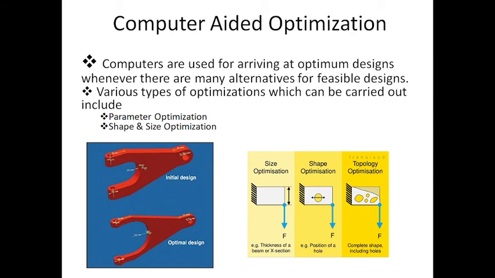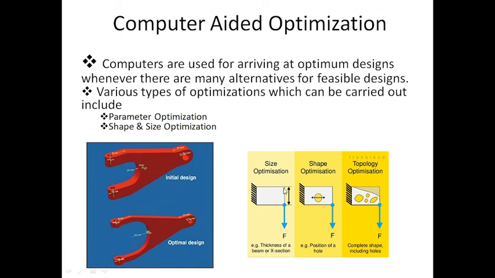To figure out what size optimization is, basically suppose you have this product, and you are free to change its width. Then it is called size optimization.